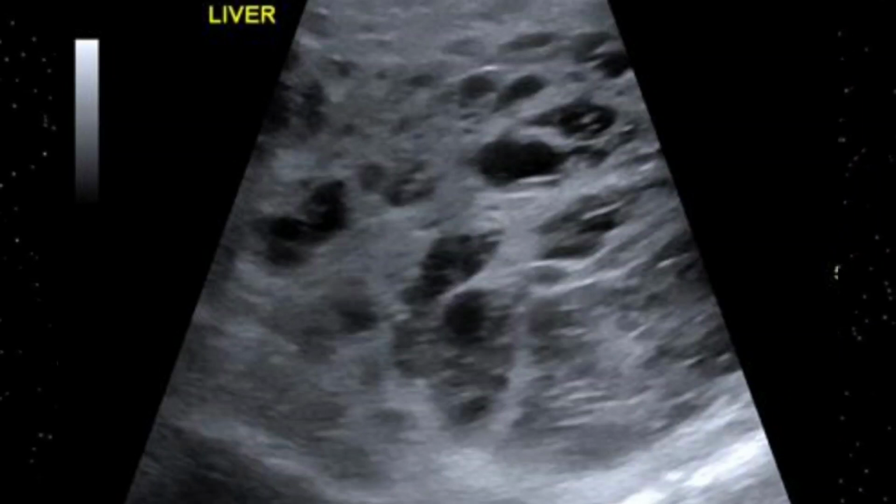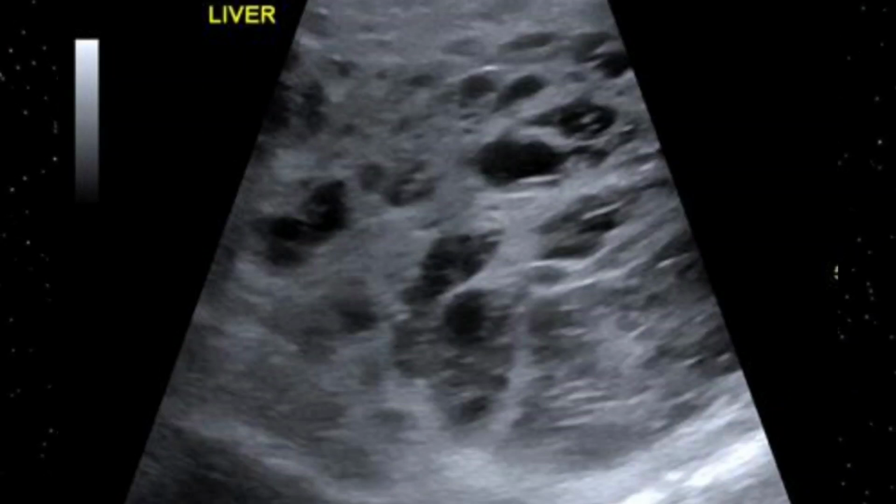Because it's a mixture of bile ducts and mesenchyma, the bile duct components will appear cystic, while the mesenchymal constitution will appear solid. So it will be a mixed mass, as you can appreciate in this image.